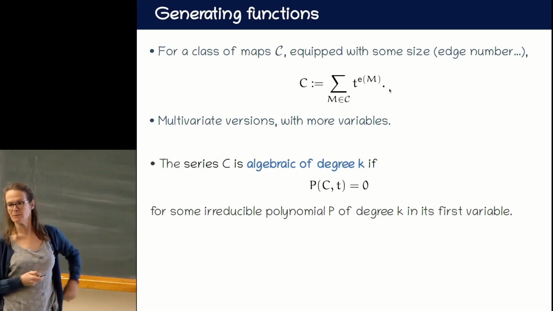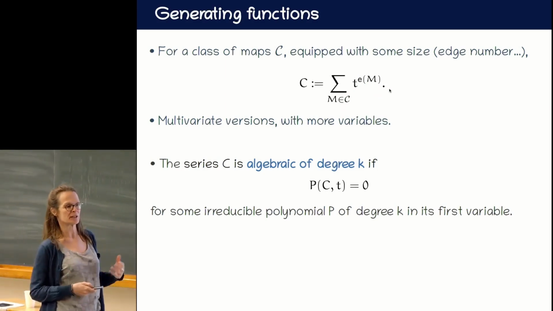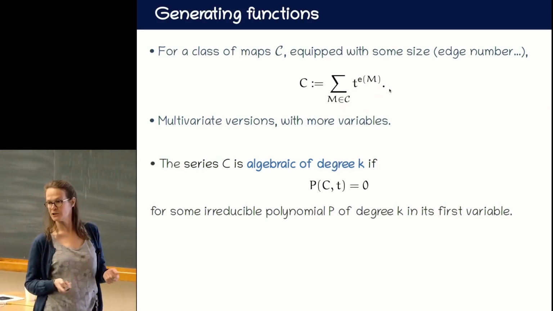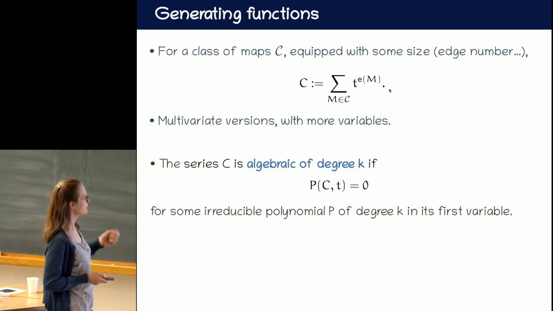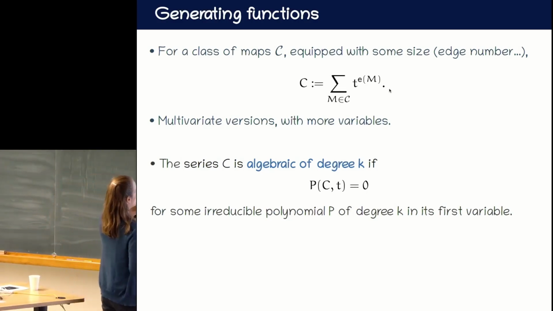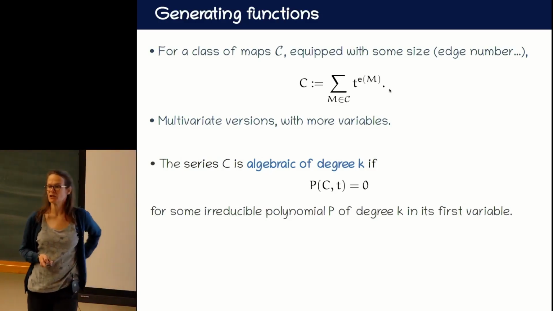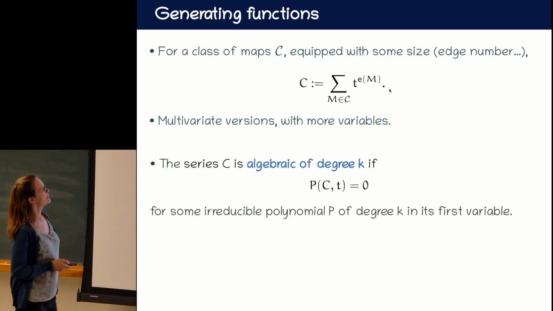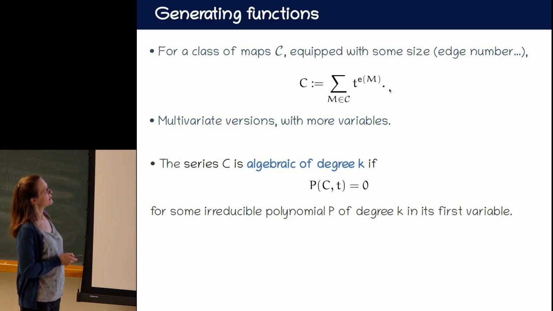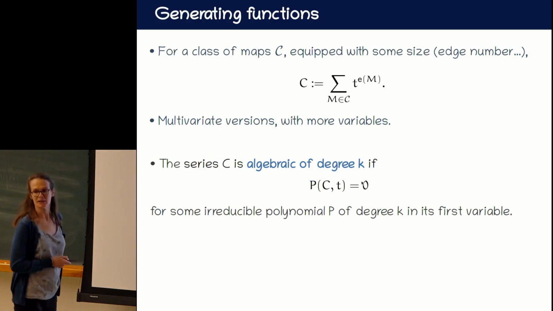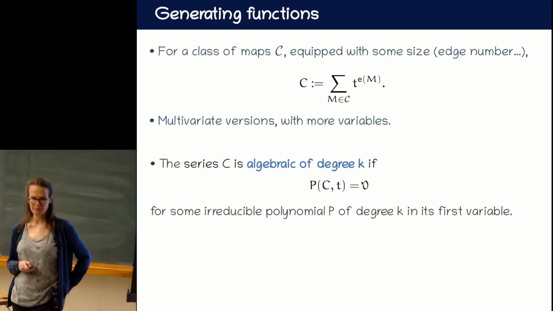And of course, you can imagine that if you record several statistics on maps, you will get generating functions in several variables. And the most important definition here is the definition of algebraic series. So this series C is algebraic of degree k if it solves a polynomial equation, P is a polynomial, of degree k in its first variable. We'll see many examples later.